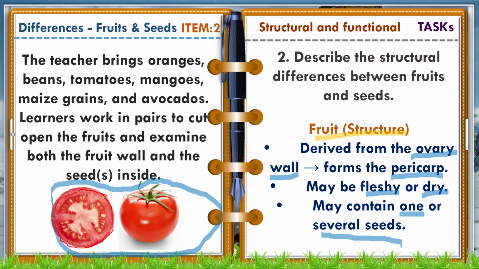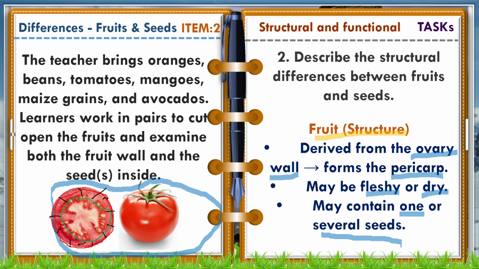And then we have this middle layer here, which we call the mesocarp. And then we have the inner layer inside here, which we call the endocarp.